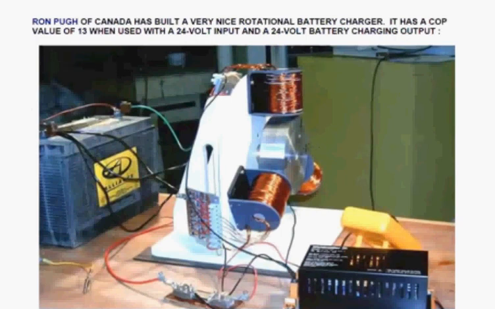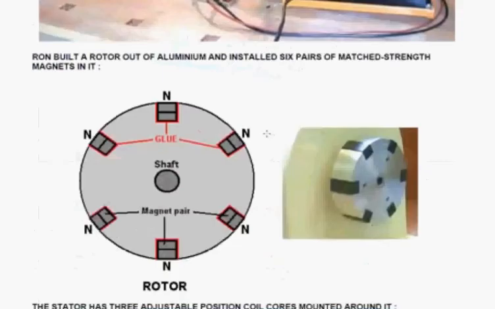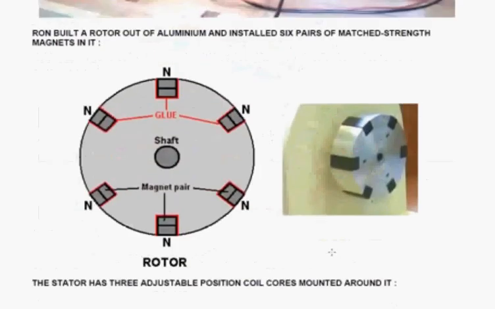Now, he machined a rotor, very nice rotor, out of aluminium. Now, a word of warning, aluminium and copper are both highly magnetic, though people will not believe you if you say that. If you try sticking a permanent magnet to aluminium, it won't stick. If you try sticking it to copper, it won't stick.